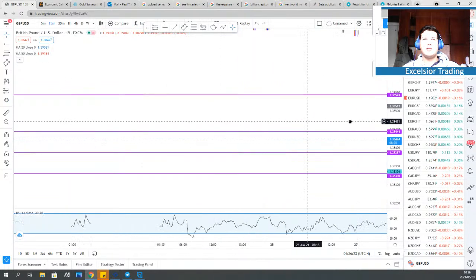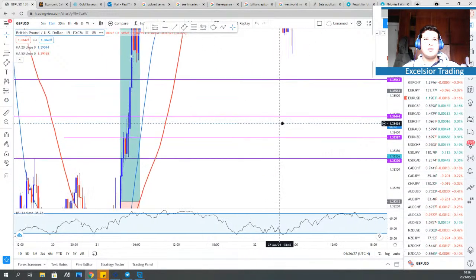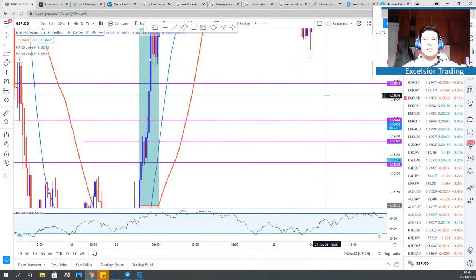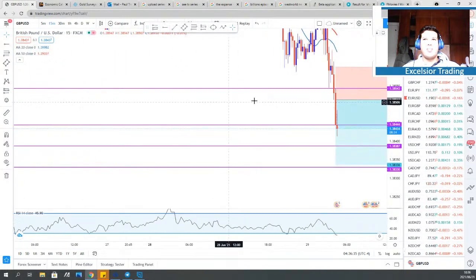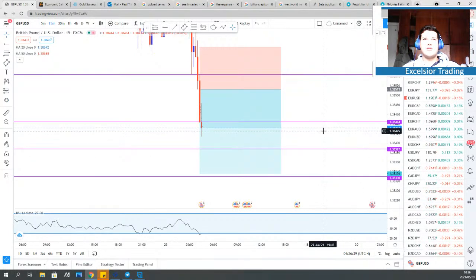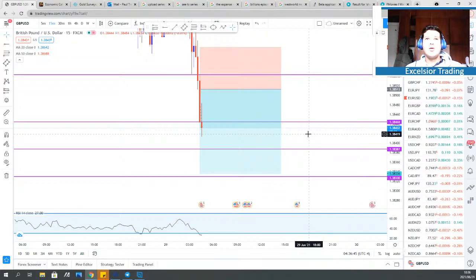Okay, let's quickly check the higher timeframe to the left. Yeah, so price is currently at this zone right here, so there's a high probability that it's going to hit this. The question I need to ask myself now is, now that it is halfway, do I take 50% of my position and put the rest at break even, or do I wait for price to come back here?